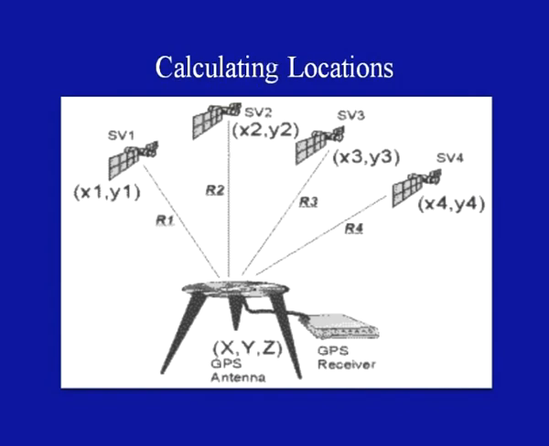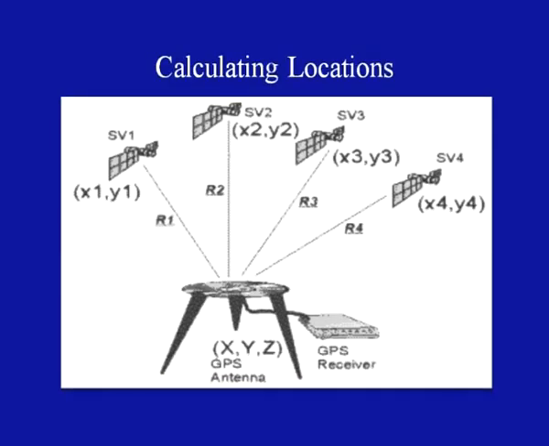In short, we call them SV1, SV2, SV3, SV4, having spatial coordinates x1, y1, x2, y2, x3, y3, x4, y4 respectively. And the distances between the receiver and each of the satellite vehicles have been designated as R1, R2, R3, R4, and they can be computed by the equations as discussed.